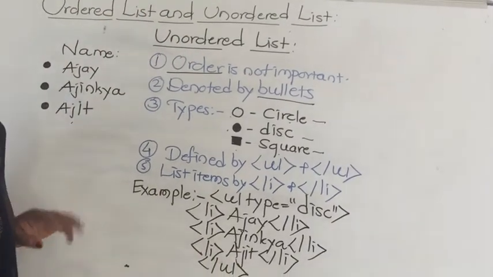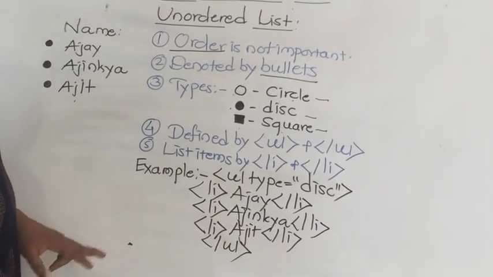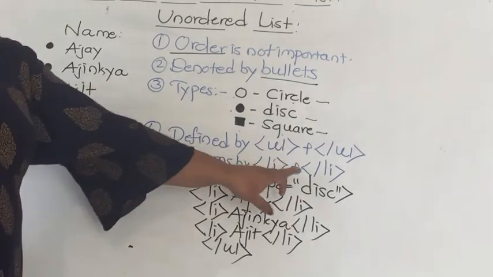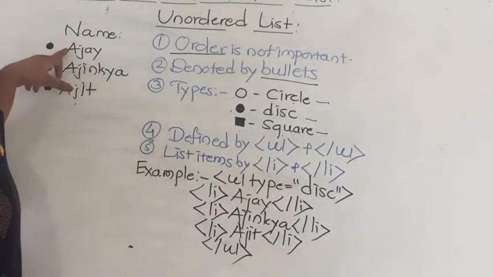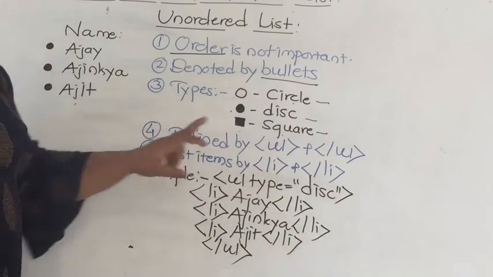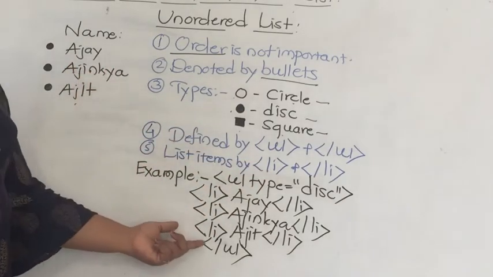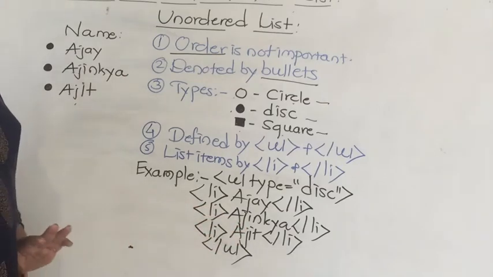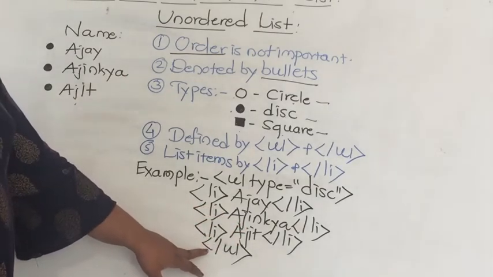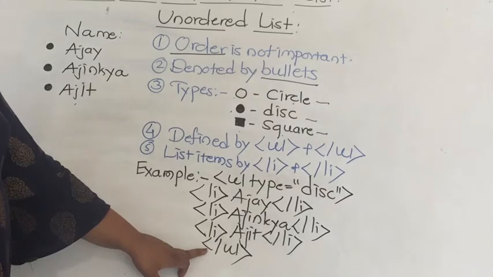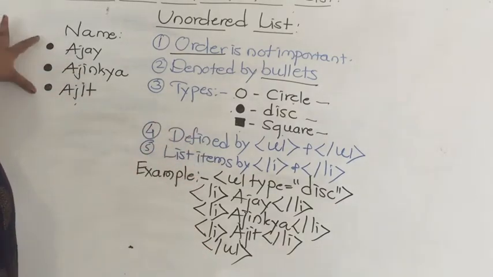So here I have defined the UL tag as UL type is equal to disk, li, first list item Ajay /li, li Ajinkya /li, that is your second list item, li Ajit /li, that is your third list item, and then I closed my tag with a /ul. So when I run this code, I will get the information in this form.